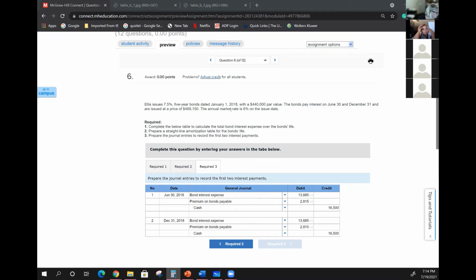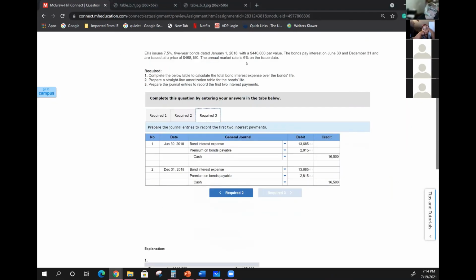But the par values are easy because you won't have all the difference that you have to amortize over the period of time. If you have a par value, you sell it at 440. Then when you do your initial journal entry, it would be the cash for the 440, and then the bonds payable for 440, and that's it.